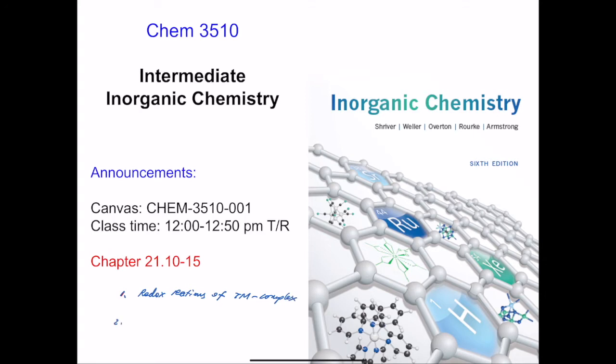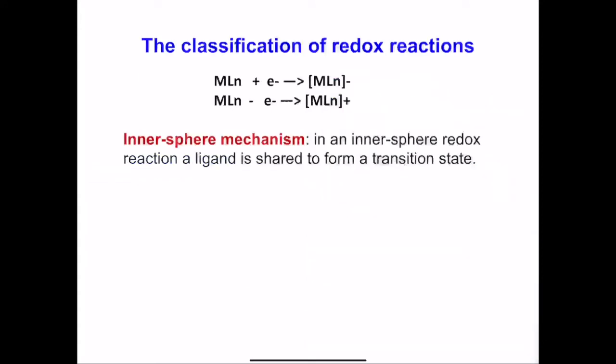The second one is the photoreaction of transition metal complexes. We'll talk about the redox reaction first.